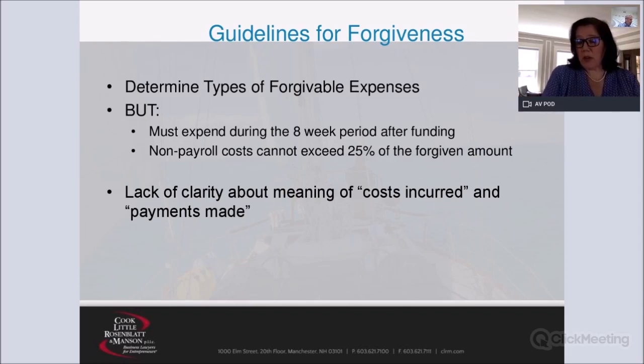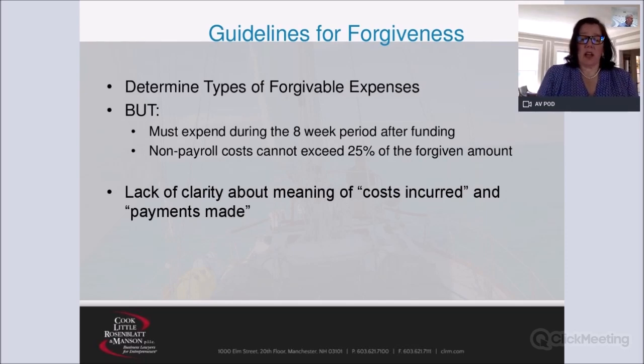And the health benefits are basically group health benefits. So the other requirement for forgivable expenses is that they have to be spent within this 8-week period. The 8-week period starts on the day that your loan is funded.